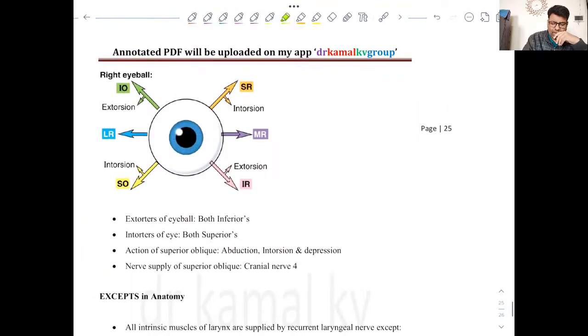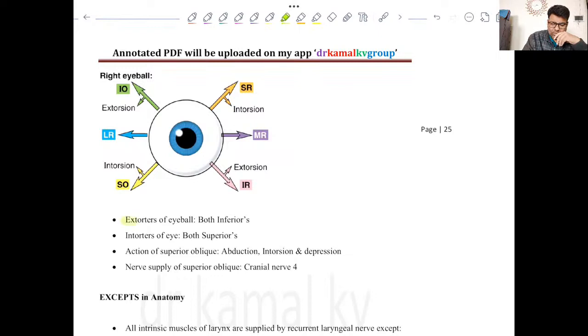Now moving forward to eye. Extorsion means outward rotation. This is done by both inferiors, that is inferior rectus, inferior oblique. Intorsion is inward turning, and this intorsion is done by both superiors, again superior rectus, superior oblique. Superior oblique is supplied by trochlear nerve, and its action is abduction, depression and intorsion.